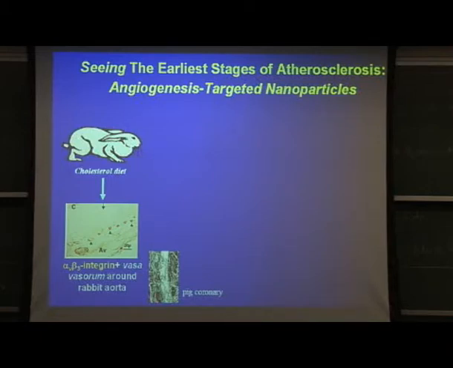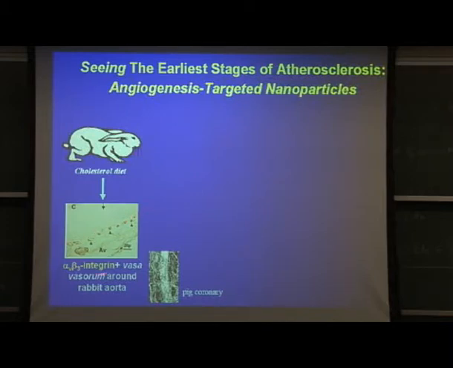And the reason for that is that if you're going to grow one of these plaques, like these atherosclerotic plaques, you need a blood supply to do it. Just like when a tumor grows, you need a blood supply to keep the tumor growing and to metastasize. But when you grow a plaque, it's kind of like a tumor, and it needs a blood supply too. So it calls out and says, make more blood vessels, and that's what these are.